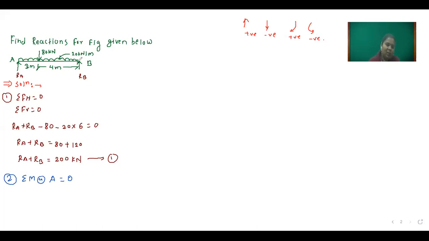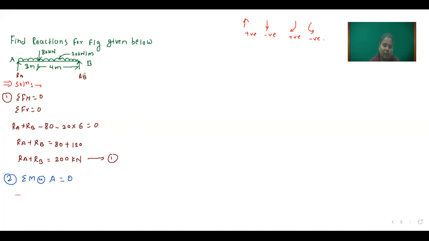You observe that this RB creates anti-clockwise moment towards point A. So is this moment positive or negative? Negative.